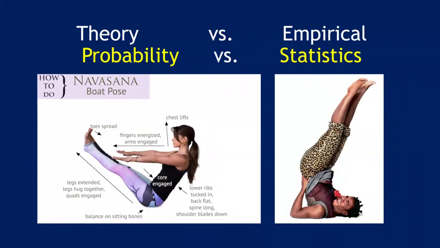So theoretical probability is sort of like the perfect yoga pose that you're supposed to do. Okay, empirical statistics is what you actually get, which is the ugly truth. So sometimes it looks like the theoretical perfect pose, but a lot of times it does not, right?